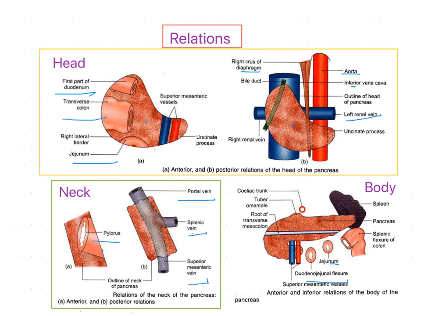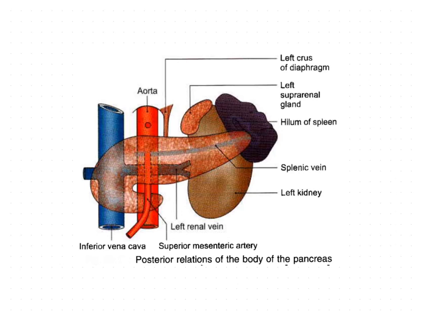Now we will move on to the relations on the posterior surface, and this surface is not covered with peritoneum. It is related with the abdominal aorta, and also the superior mesenteric artery, the lower half of the anterior surface of the left suprarenal gland, the middle of the anterior surface of the left kidney, and also the left renal vein.